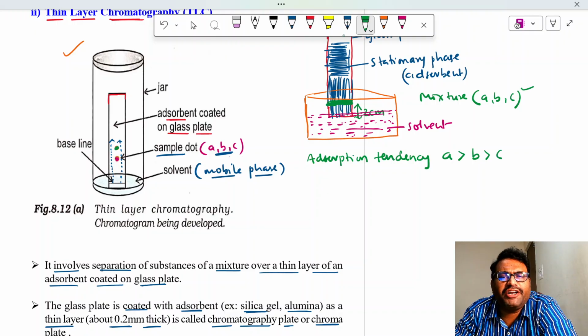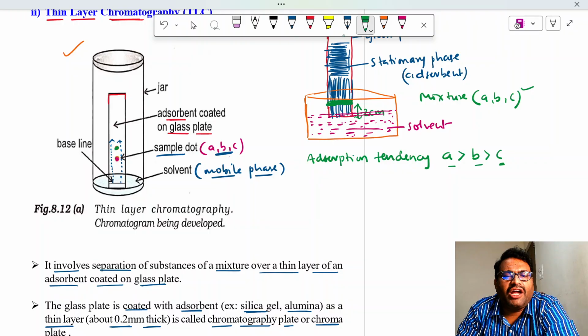Adsorption tendency is the ability to get adsorbed. So A adsorbed to the stationary phase more than B, and B adsorbed to the stationary phase more than C. Are you getting this? After moving some distance, A stops because it has more adsorption tendency.